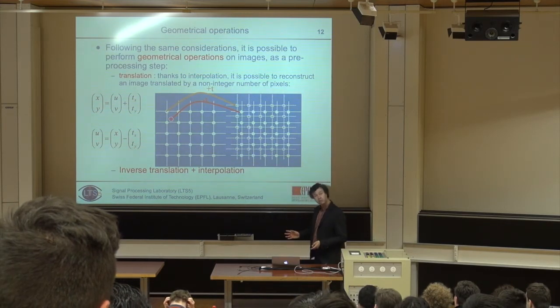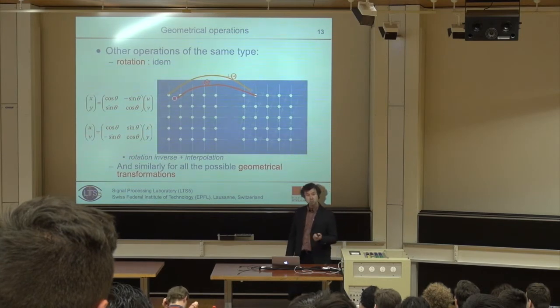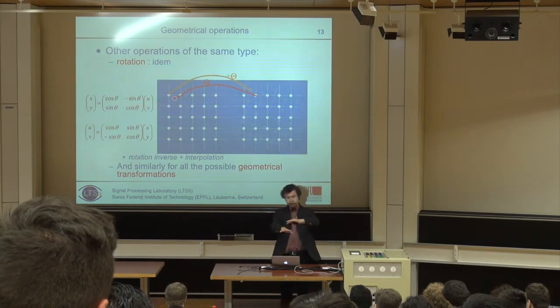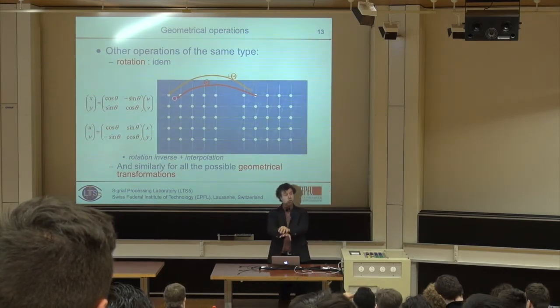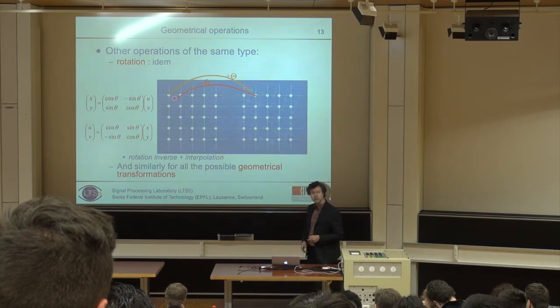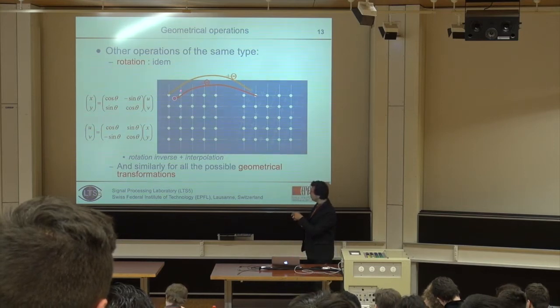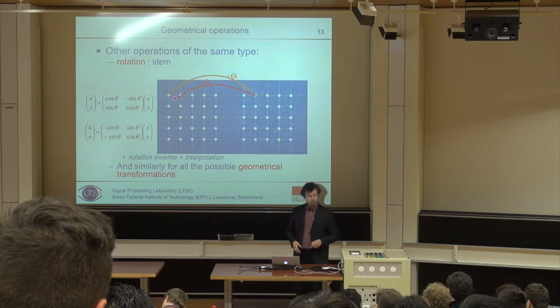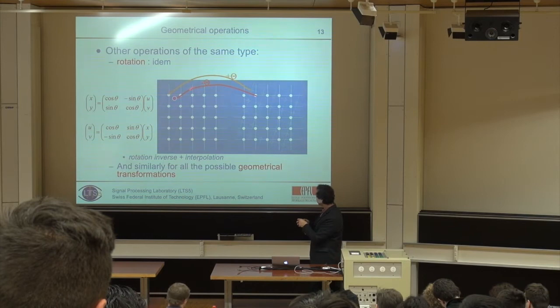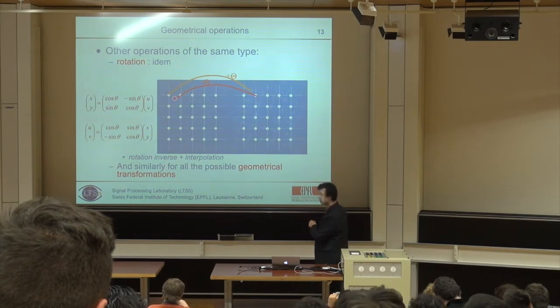And it's actually valid also for other transformations, the rotation. You want to take an image and superpose it to another, so you want to rotate it. How do you calculate the rotation? You know the pixels of your image, and you know that that pixel will go there, that pixel will go there, so you know also the points in the dashed line here.